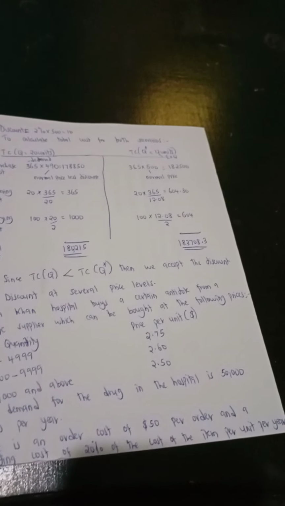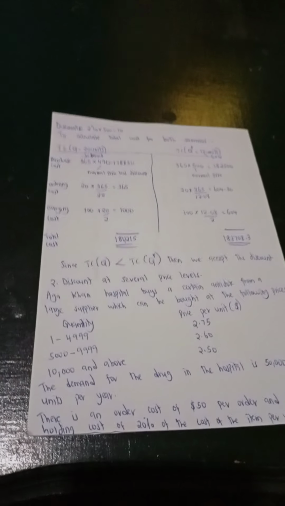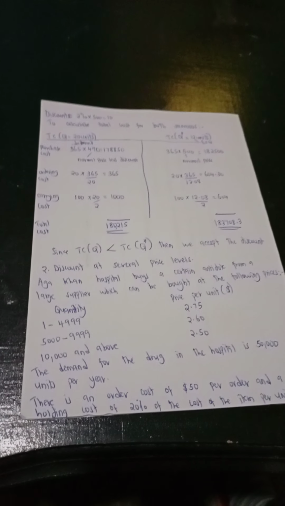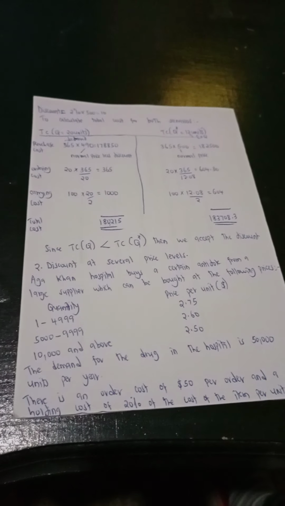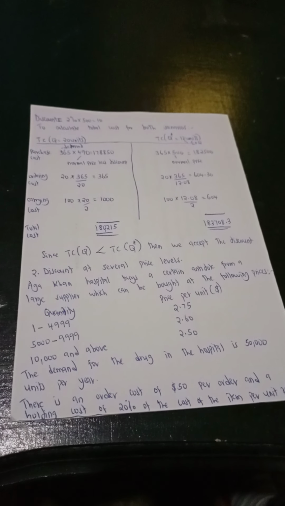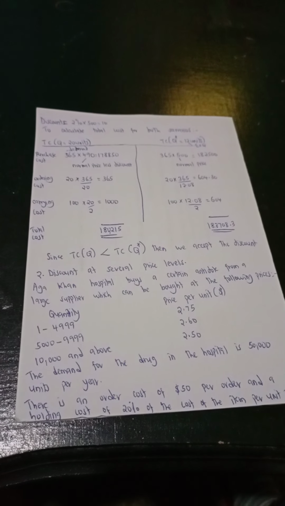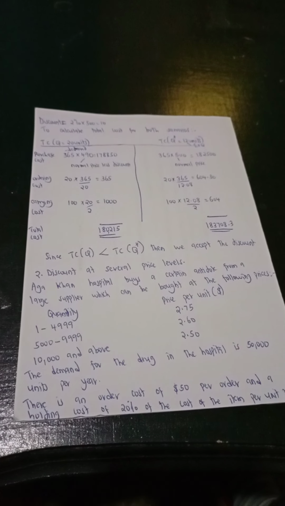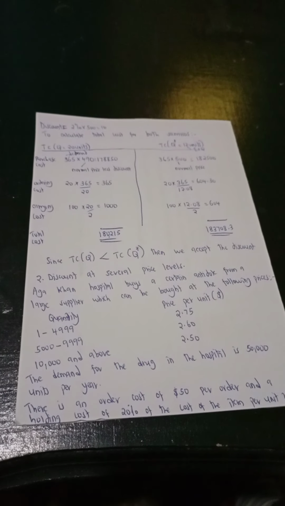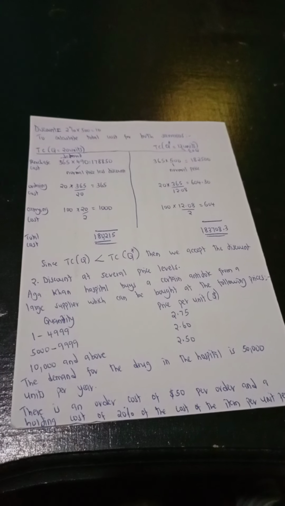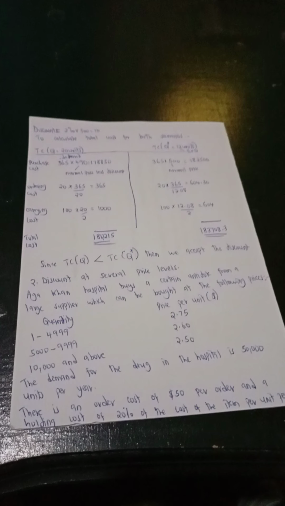Let's start with the left hand side. Purchase cost is going to be 365 times 490, and 365 is the demand for the year. So we get that the purchase cost is going to be 178,850. How we got 490 is by subtracting the discount from the normal price.